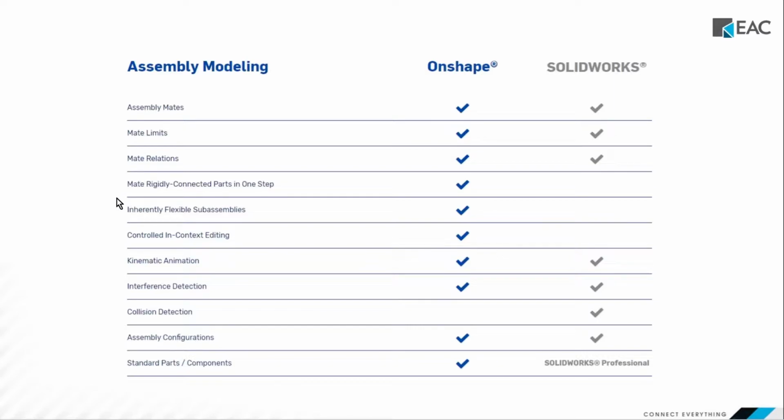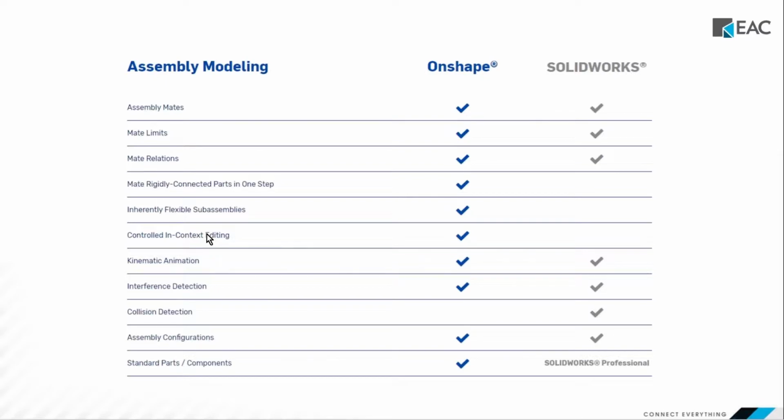Some of the things with Onshape is we can do kind of what we call controlled in-context editing. And we're going to see this little check mark also for drawing. So if a part updates, since Onshape is in the cloud and multiple people can be working on the same part or the same assembly or the same drawing at the same time, if something does change, it will automatically update.